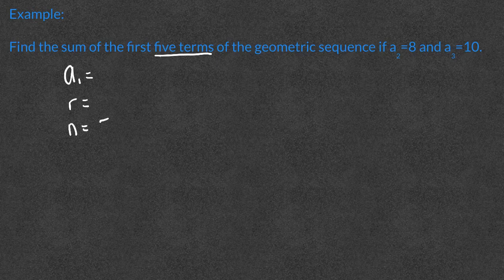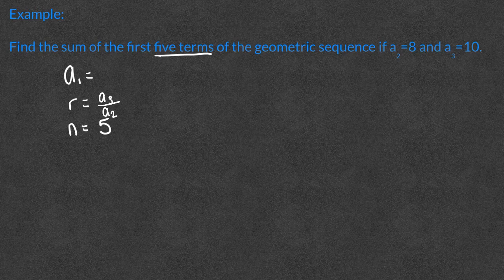So the only thing that I know right now is that I'm looking for the sum of the first 5 terms. So number of terms, or n, is going to be 5. In order for me to work backwards to find my first term, I actually have to know my common ratio. So I'm going to go ahead and calculate that first by taking a sub 3 and dividing it by a sub 2.